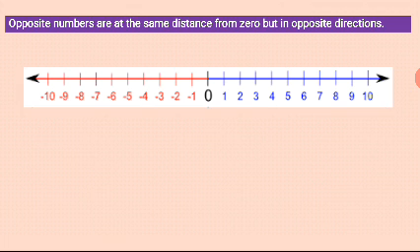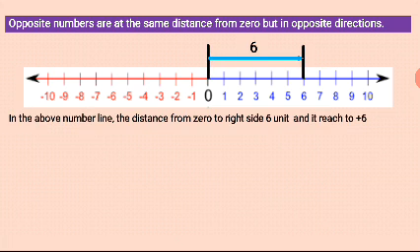We see another example using a number line. First we come to 6 from 0, on the right side.